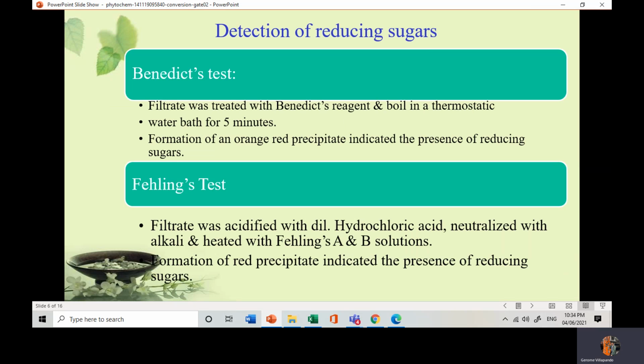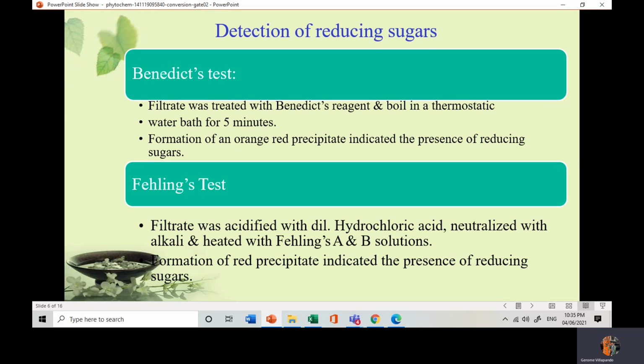Detecting reducing sugars. Benedict's test: the filtrate is treated with Benedict's reagent and boiled in a thermostatic water bath for 15 minutes. The indicator for the detection of reducing sugar is the formation of an orange-red precipitate.